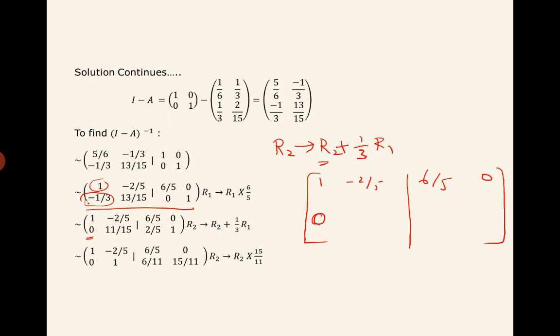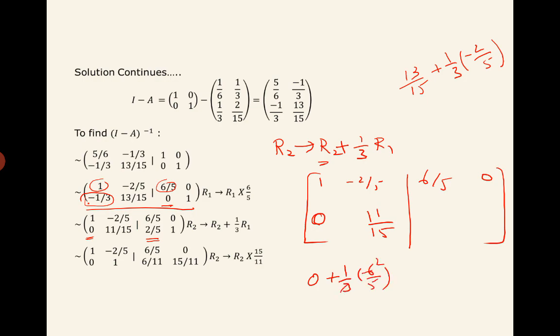The second element, what happens here? R2 is 13 over 15 plus 1 over 3 times negative 2 over 5. Simplify this one, it will be 13 minus 2, which is 11 over 15. The same for the next element: row 2 is 0 plus 1 over 3 times R1, so 0 plus 1 over 3 times 6 over 5.